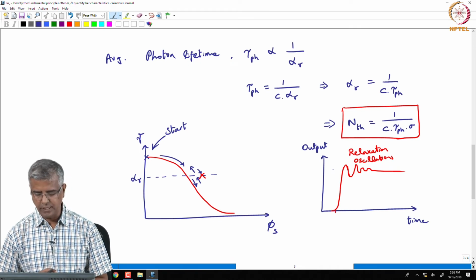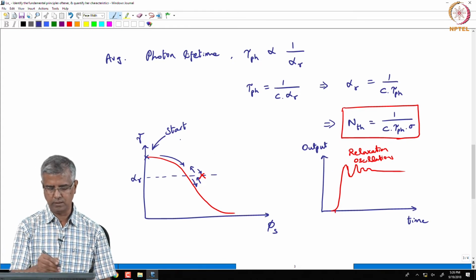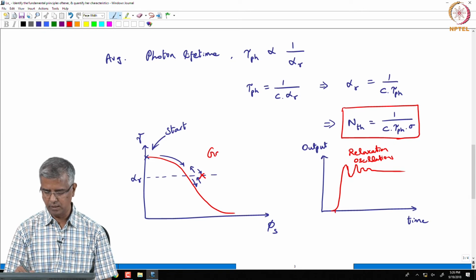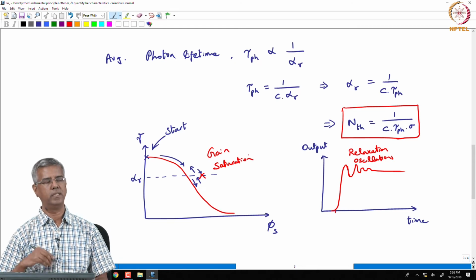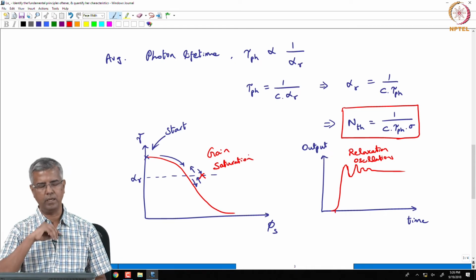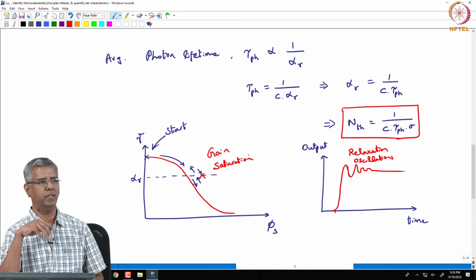What we actually need to do is consider this gain saturation. We are basically saying the gain saturation is a very integral part of this laser emission.